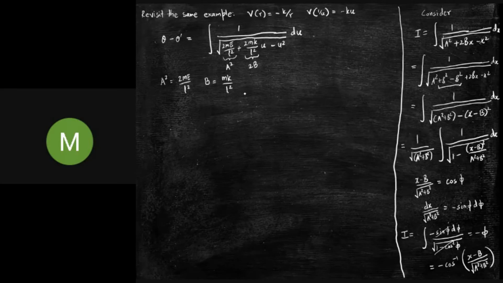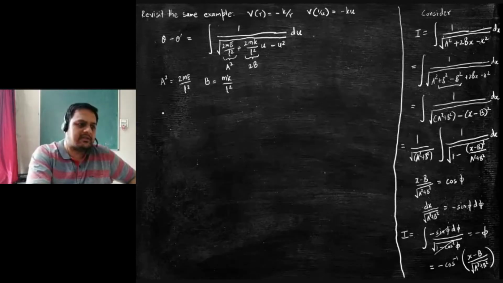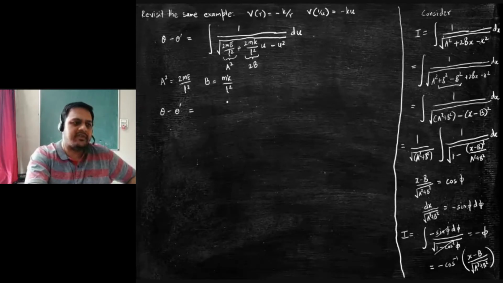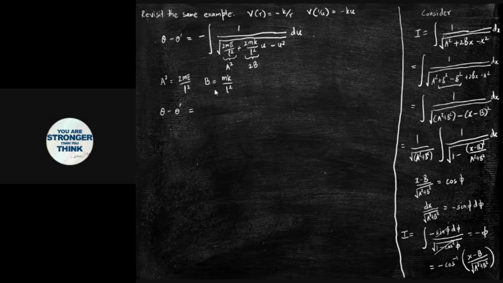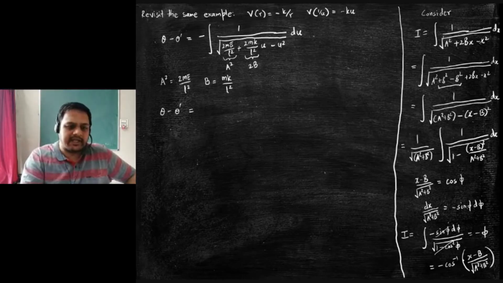Yes, sir. Then what will be the solution? Theta minus theta prime on the left is equal to, there is a minus sign here in the original expression, correct? So that minus will cancel with this minus.